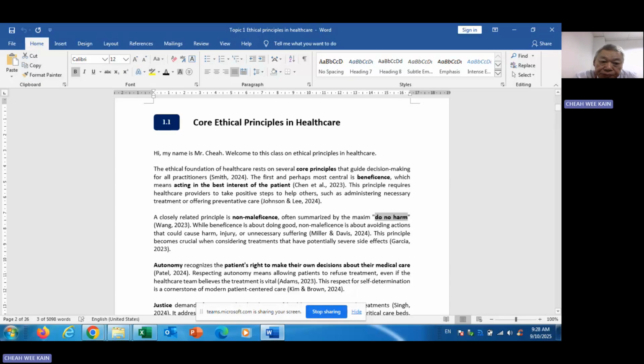Now the third one is autonomy. It means the patient's right to make their own decision about their medical care. What does that mean? It means that any patient should have a choice.